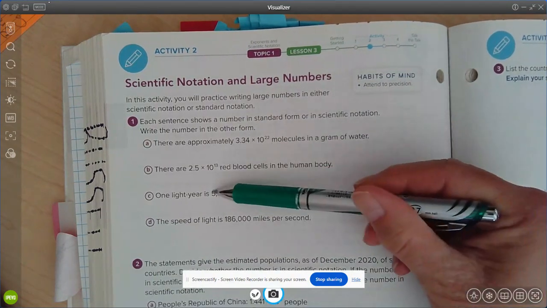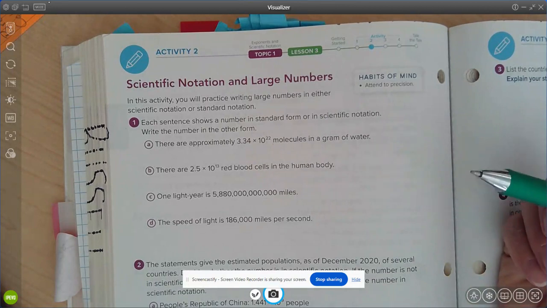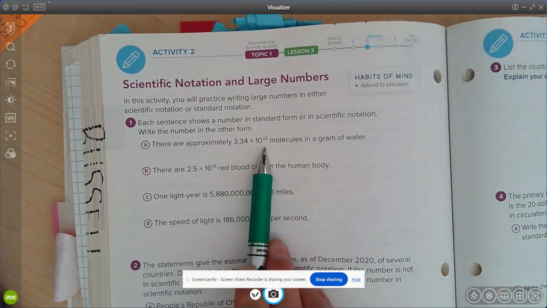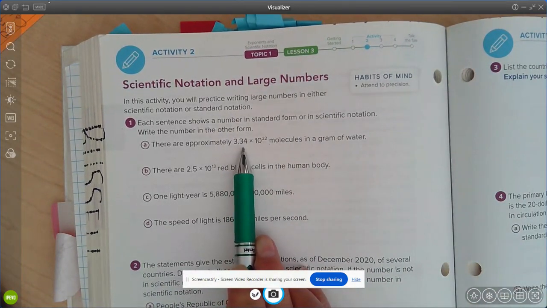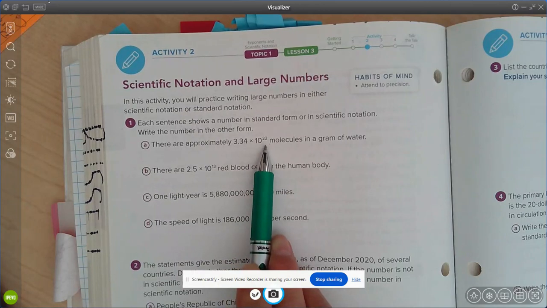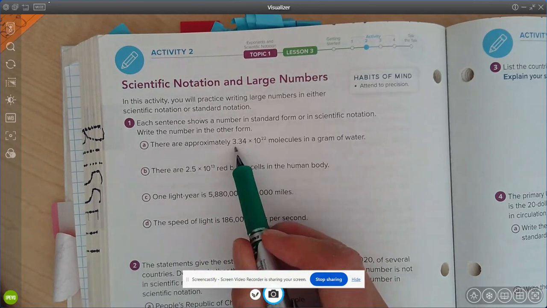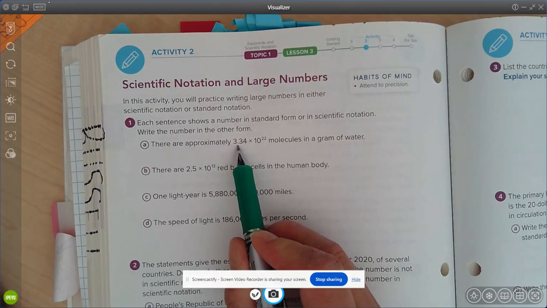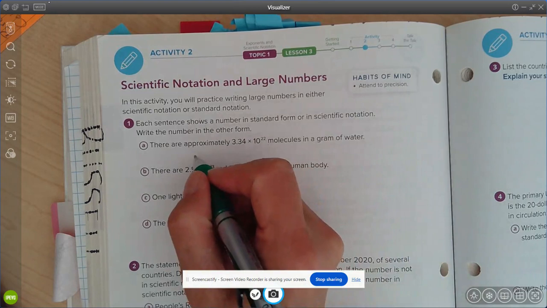Standard form is just when it's a regular number. So for this one, I have 3.34 times 10 to the 22nd. That means I'm going to move this decimal 22 times to make a really big number.